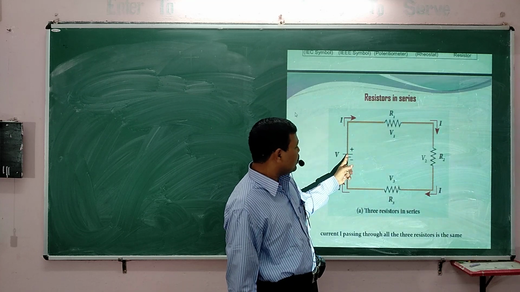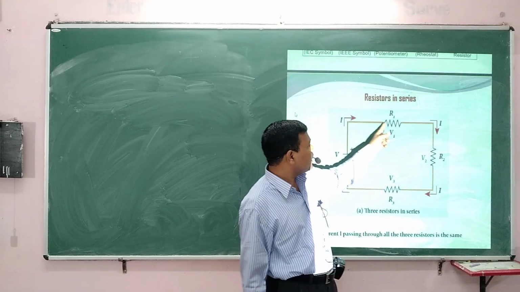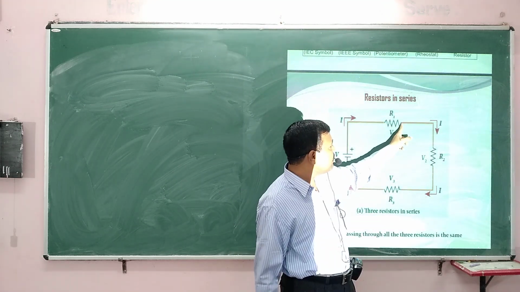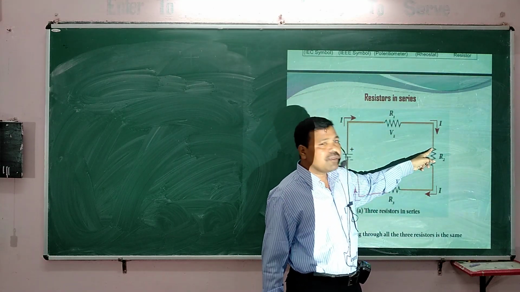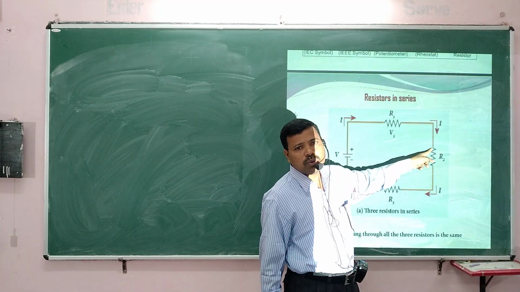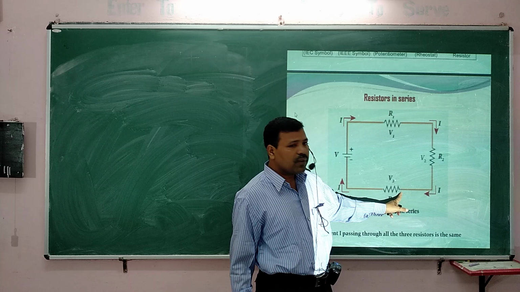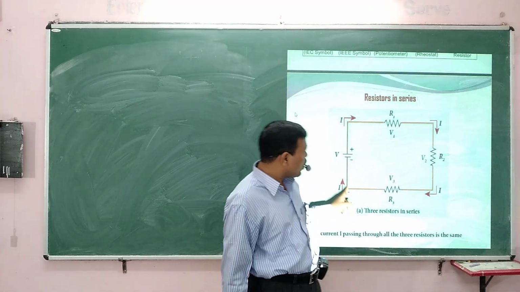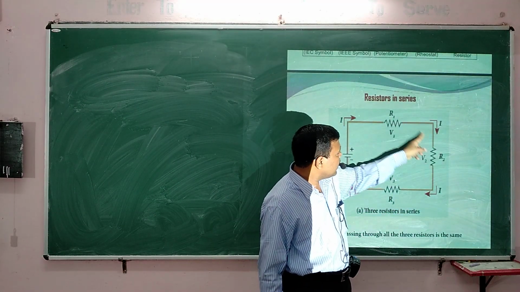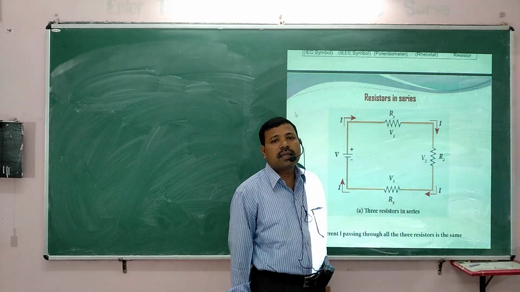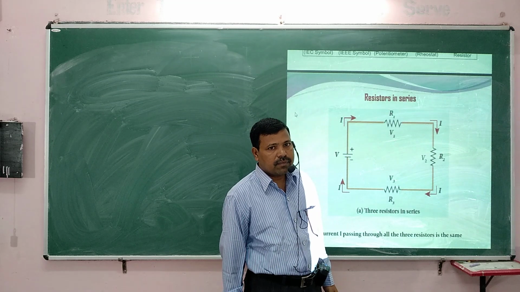The positive terminal of the battery is connected to one end of R1. The other end of R1 is connected to the first end of R2. The second end of R2 is connected to the first end of R3 and so on. This type of end-to-end connection is known as series connection.